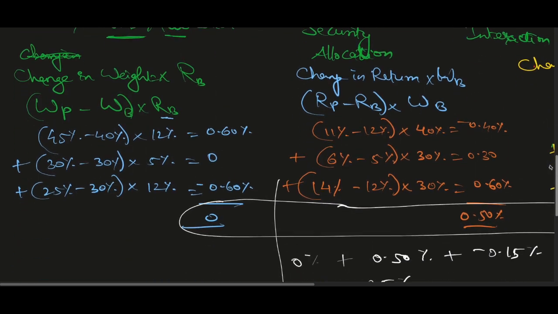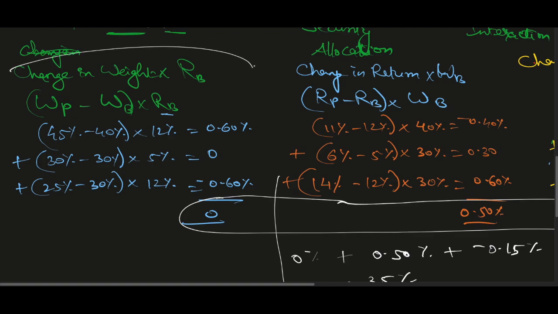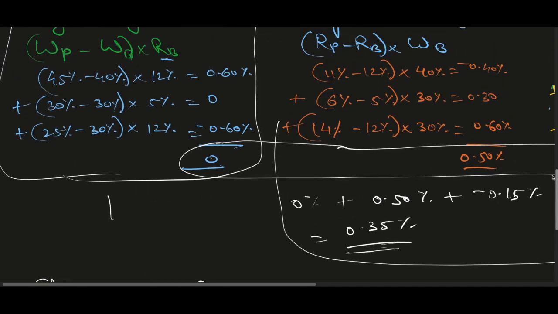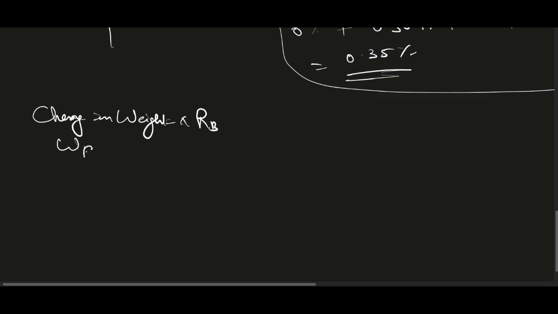So first of all, this part, let me write as it is down. Change in weight into return. So change in weight into return of the benchmark. Change in weight is weight of the portfolio minus weight of the benchmark into return of the benchmark.